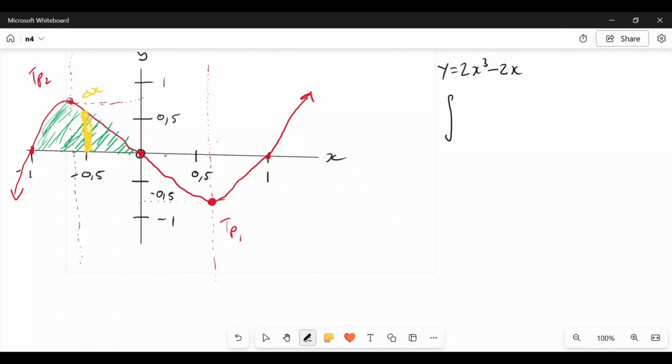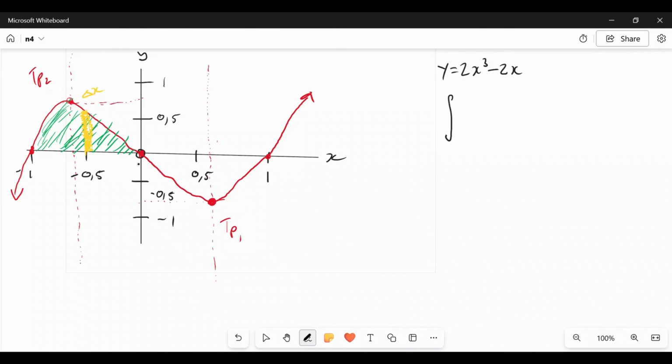Guys, when you find the limit, it's not that difficult. You need to find the x-intercept of that area. If you look at our area that is shaded in green there, here's our x-intercept there, 0 and -1. So meaning those are our limits for this graph. When they ask you to calculate the area, only consider the x value of that indicated area. So let's go and write our upper limit.